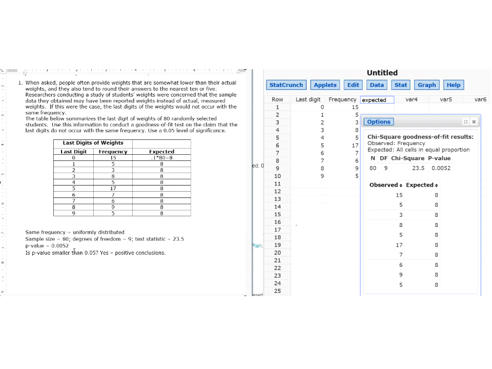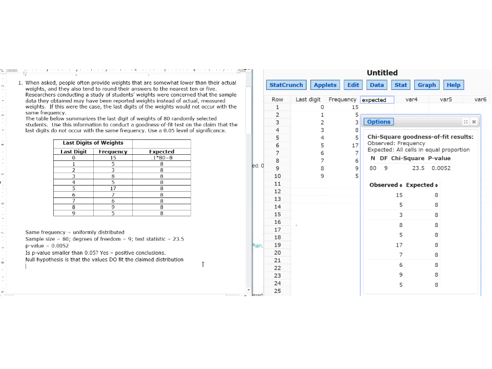Now, for a goodness of fit test, the null hypothesis is that the sample values do fit the distribution. In this case, the claimed distribution was that they were all equal.